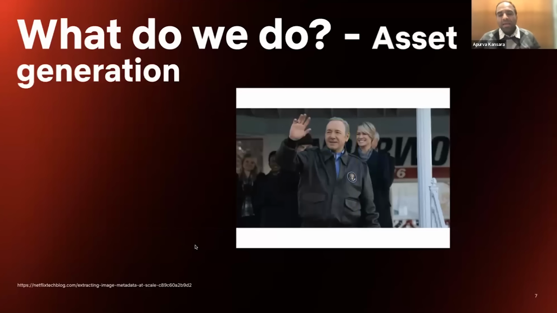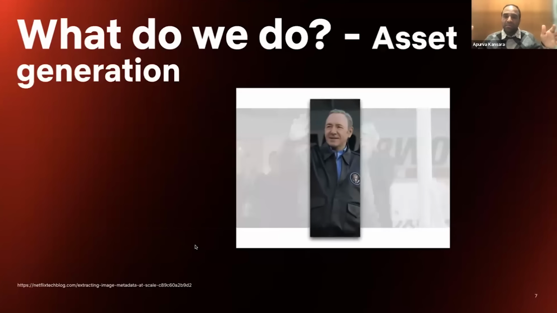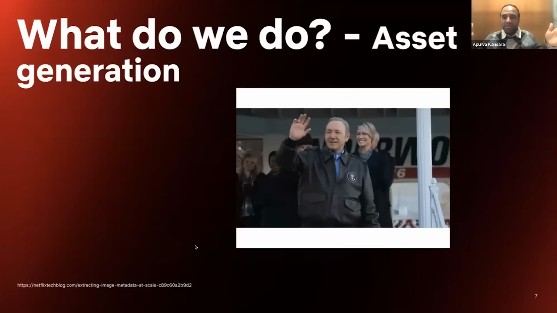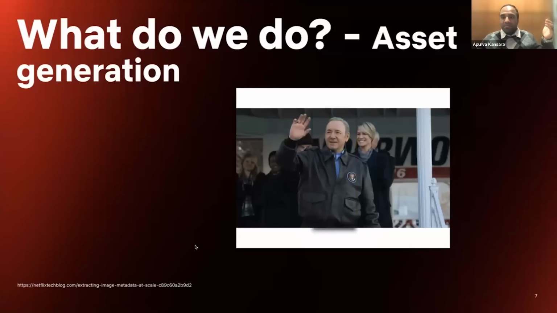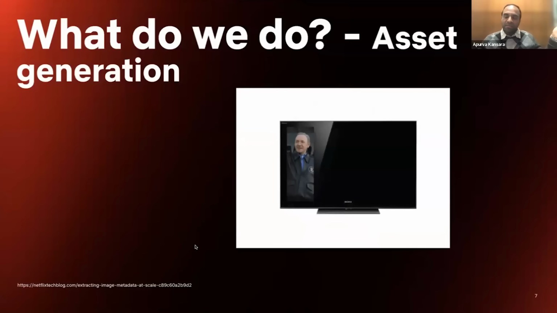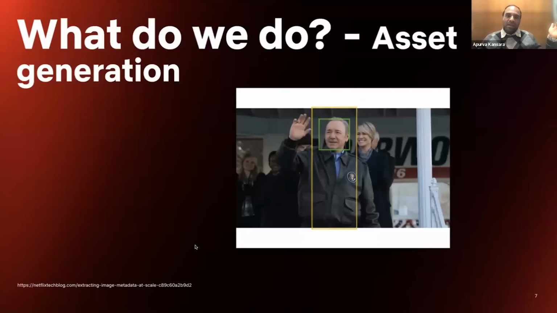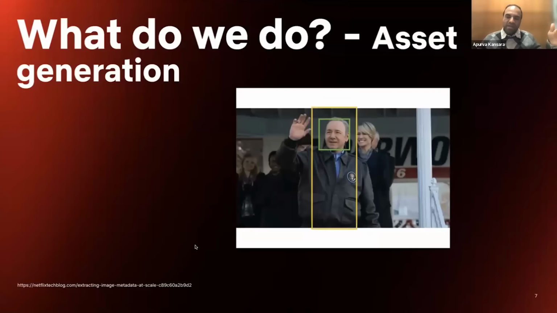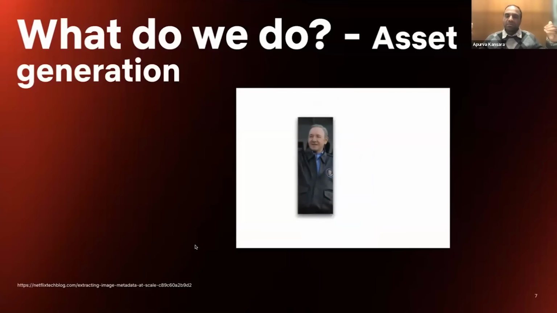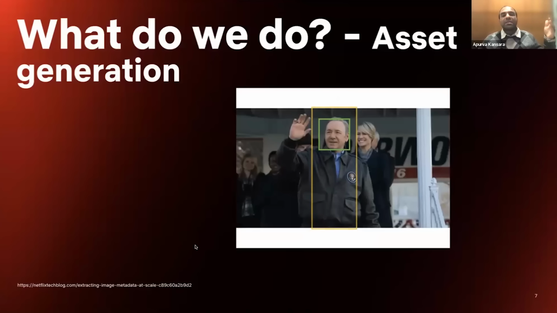A third example of how we use our machine learning and computer vision algorithms is asset generation. As you know, there are many forms of content that we support, ranging from a vertical asset that you can use for TikTok to a whole big screen of a TV UI and a billboard. To generate that level of artwork, it requires changing those assets based on the canvas on which they are presented.